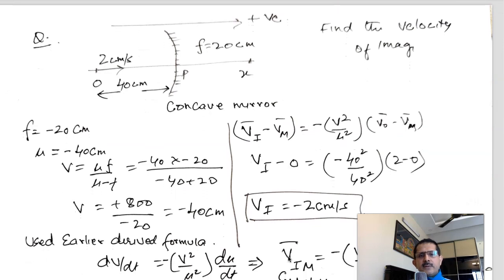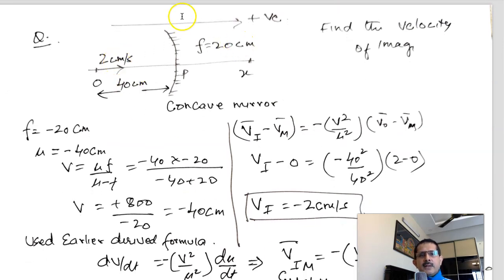Now the question which you see on the screen says that they have given focal length as 20 centimeter. Remember, it's a concave mirror, so focal length would be negative. Now u is equal to minus 40 centimeter, which they have given.